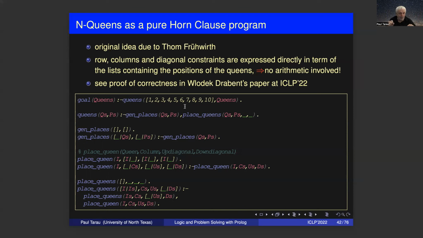There is, by the way, a very nice paper by Włodek Drabent in ICLP 22. Go and see a proof of correctness of this algorithm, okay? So I will not get into many details. I will just show it to you very succinctly here, given that you would read his paper and get a complete explanation and the proof of soundness and completeness for it.